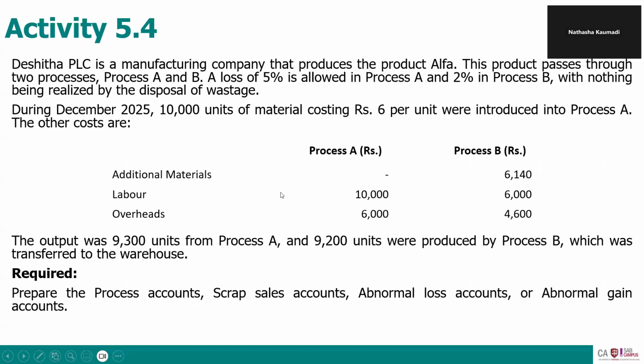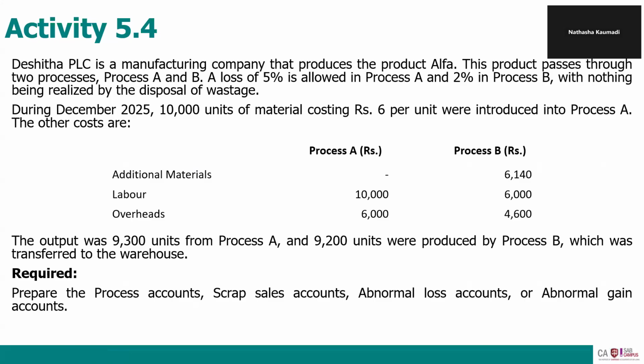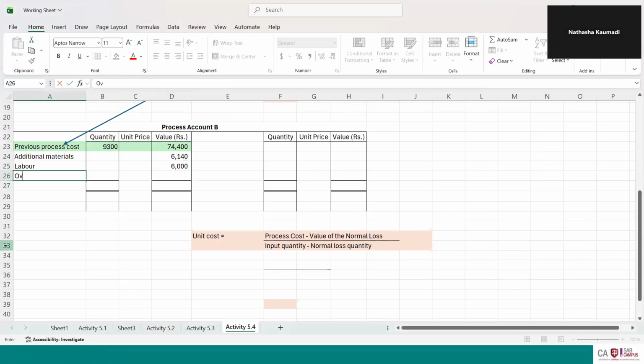And then you have labor, 6,000. And then you have overheads, 4,600.